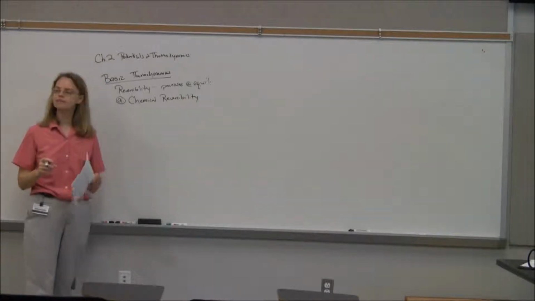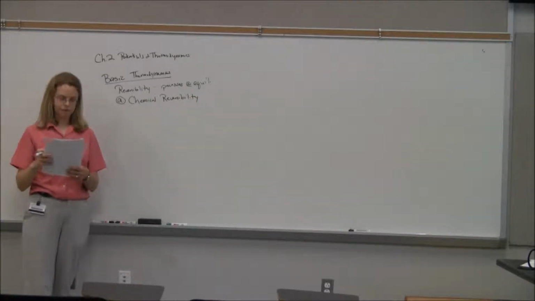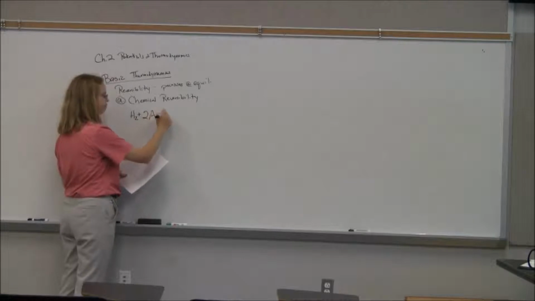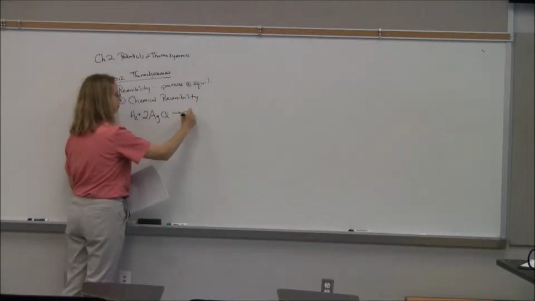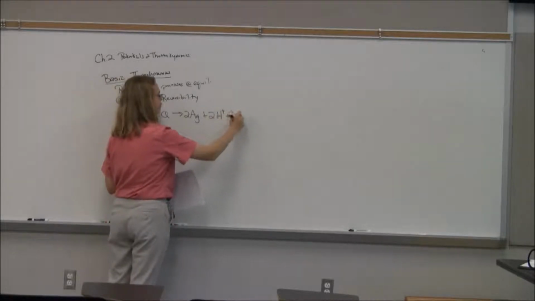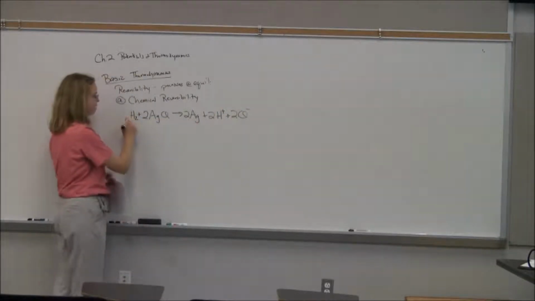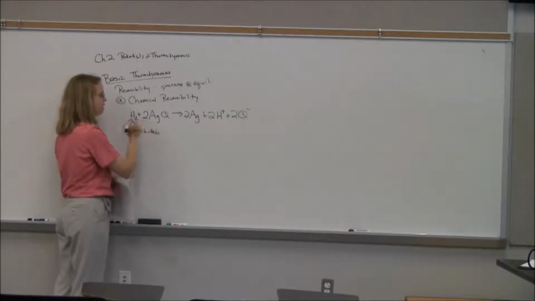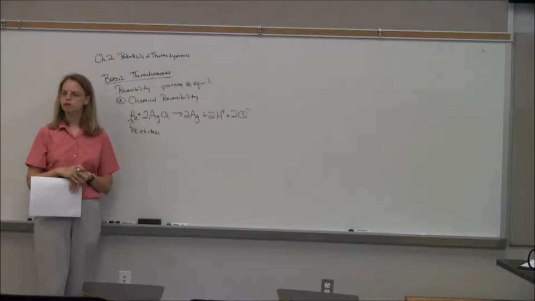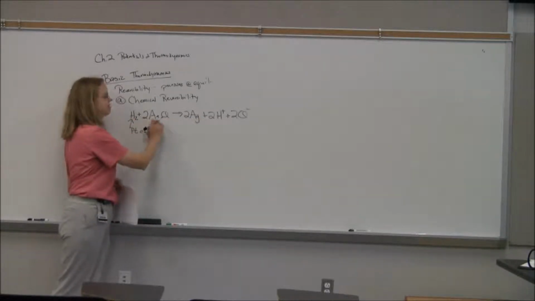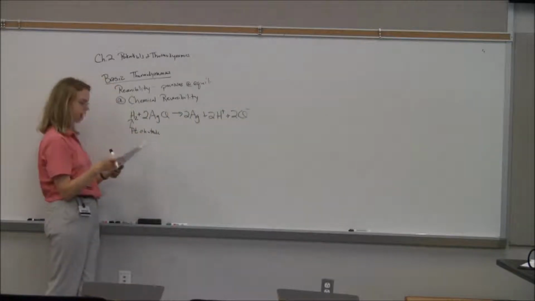All right, so that definition is chemical reversibility. So let's say we have this reaction going on, and this is all taking place with hydrogen at a platinum electrode. So we have hydrogen going to H plus, plus 2Cl.